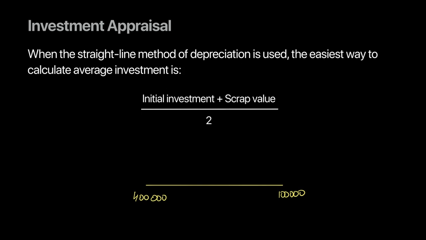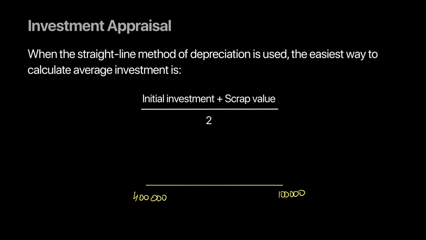Right? Now, what will be your average investment? Your average investment will be the middle value. How do you find the mid value of anything? We have learned this mid value will be beginning value plus ending value upon 2. That should give you the middle value, which becomes your average investment.